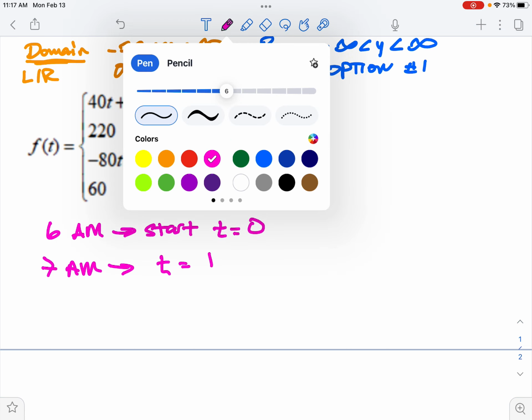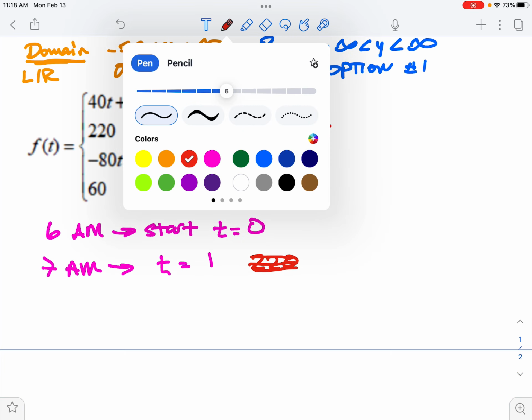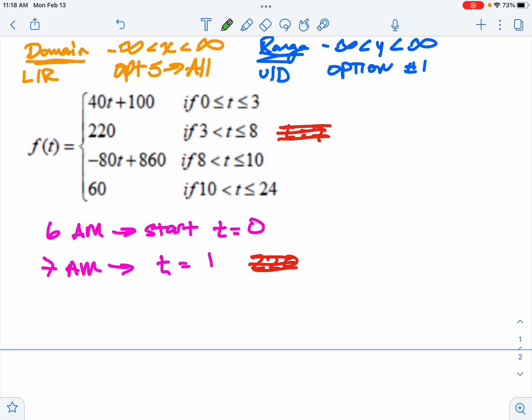So a lot of us here in this problem got things messed up because they were looking at the actual number of the time of day, so the 7. A lot of people for 7 a.m. said 220 because they thought that t was equal to 7 because of the 7 a.m. And that's just not the case, because the wording of the question said hours since the distribution started.